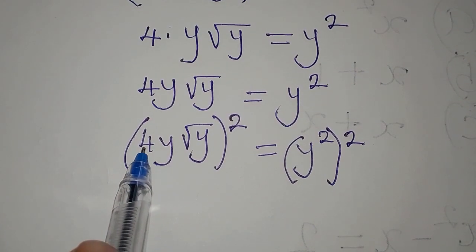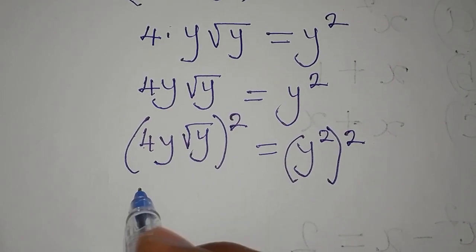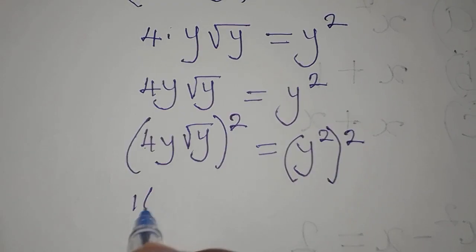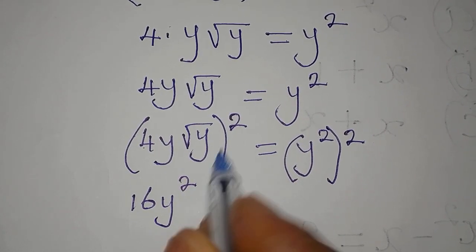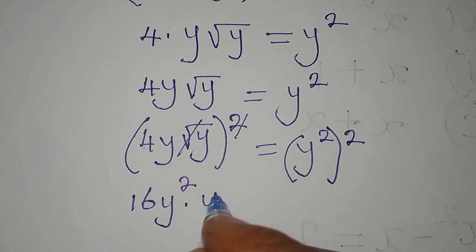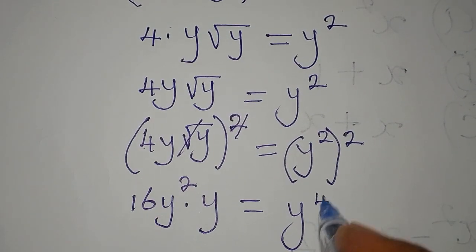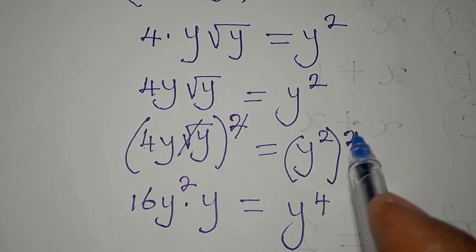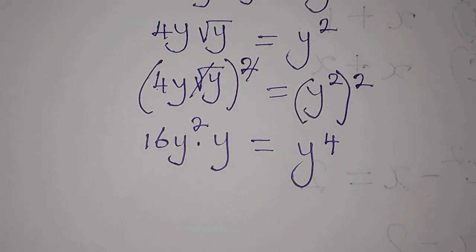So we are going to have 4y squared, right? 4y squared is the same thing as 16y squared. Then this and this can now go, so we have to multiply y, and this is equal to y to the power of 4, 2 times 2. This is because the powers would always multiply each other.